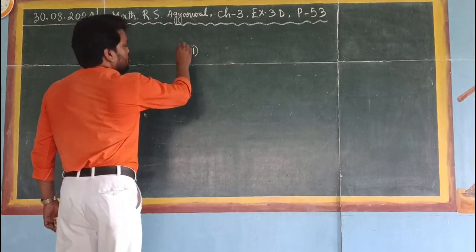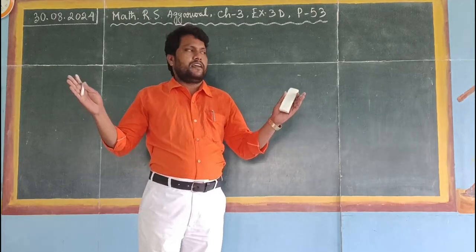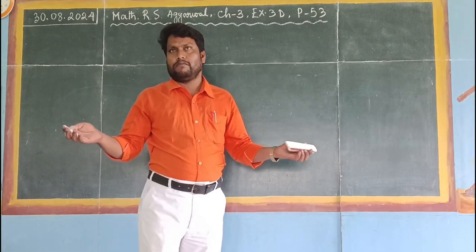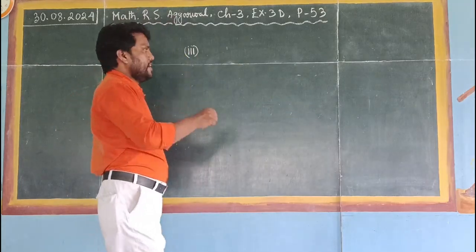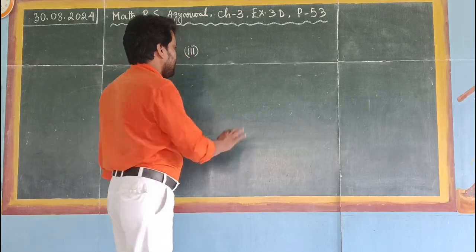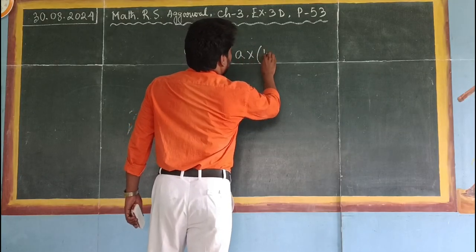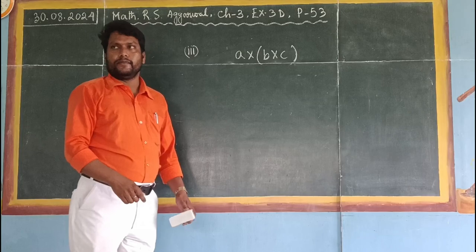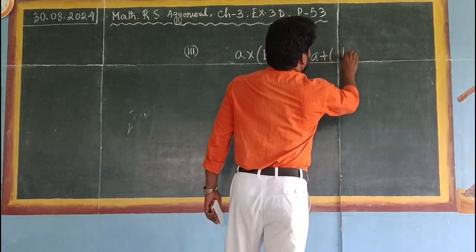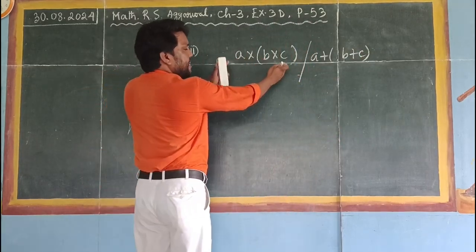Number 3, associative property. Associative property means among 3 numbers an association will be formed. Okay, and it is applicable only for addition and multiplication. Suppose I am giving an example: A into B into C, or you may write A plus B plus C. Now make an association.